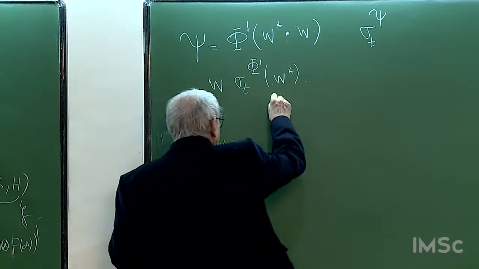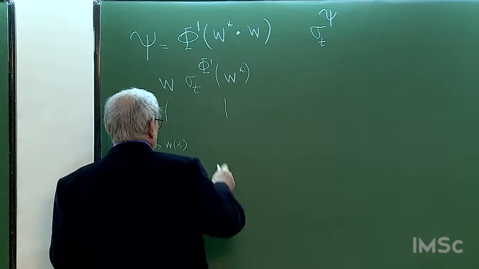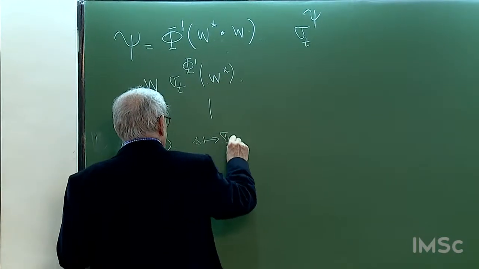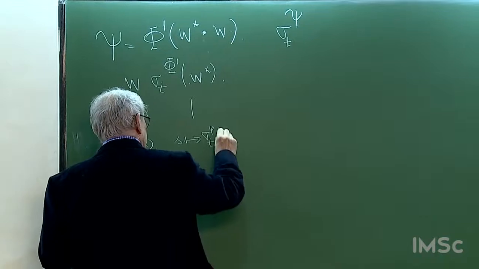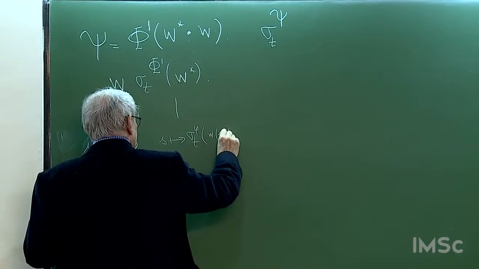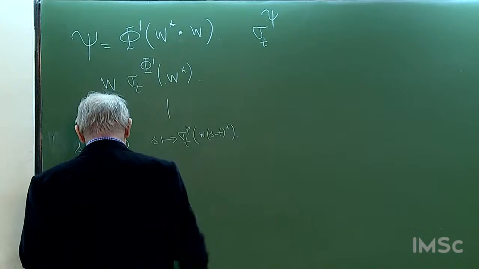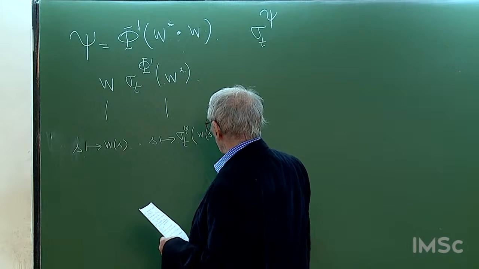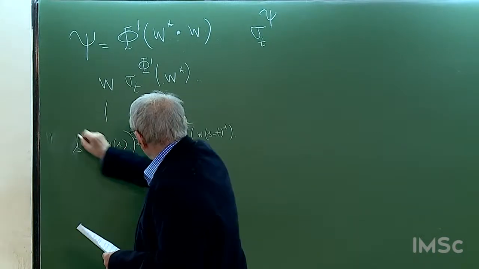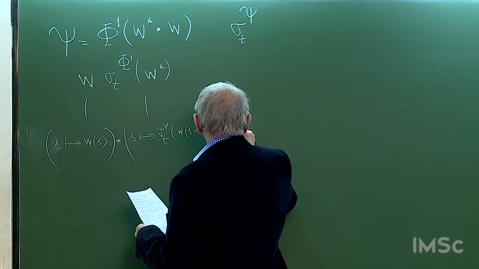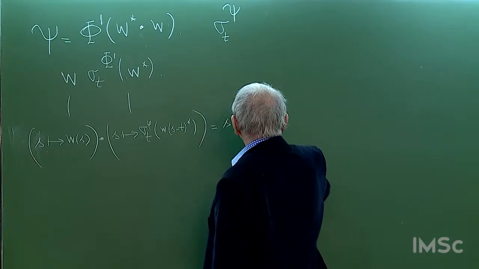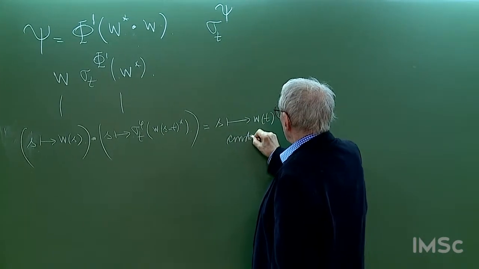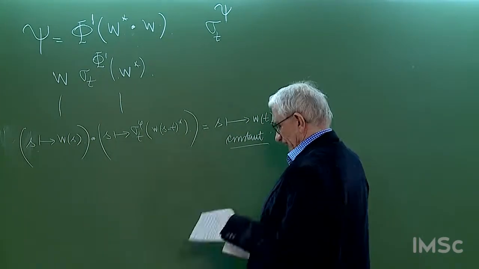Now, what is this thing here? It's easy to see. It's the multiplication by the function S going to sigma t phi of W of S minus T star. And if you multiply these two functions, this function times this function, it's equal to the function S going to W of T. It is a constant function.